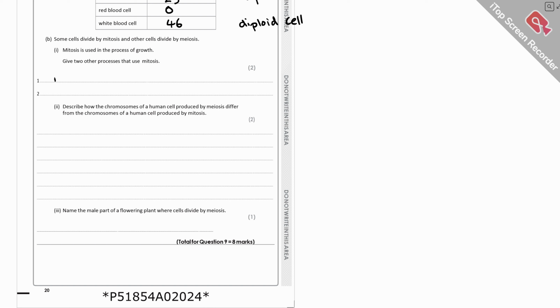for growth and repair. So if you damage your skin, it will grow.